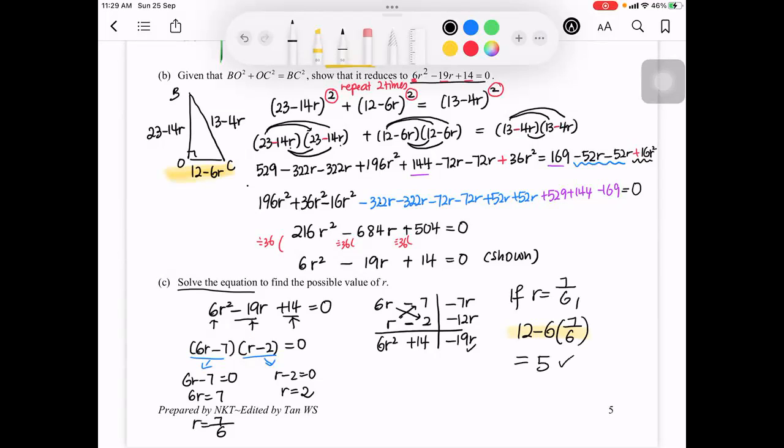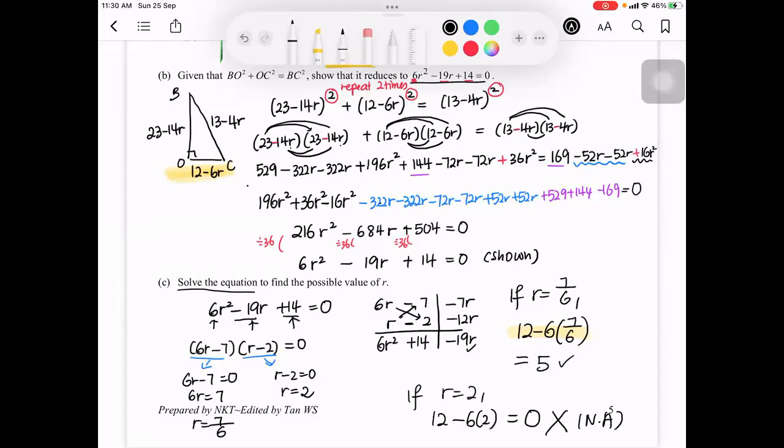Still valid. But if I use R equal to 2, this will be 12 minus 6 times 2, which gives me 0. Can the length of the triangle be 0? Cannot, right? So this one has to be rejected.